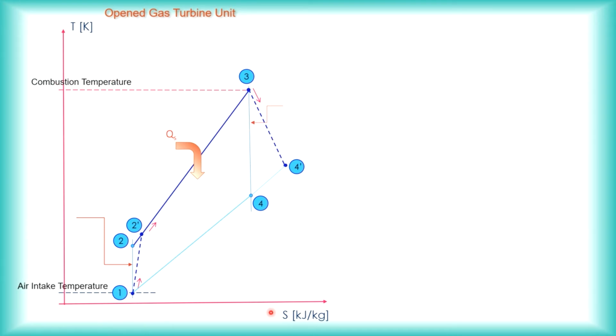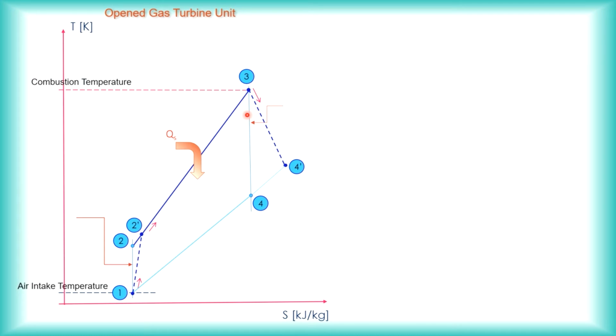This will be the TS diagram for the open gas turbine unit. This is actually a constant pressure cycle, but from this you can see it's actually open. We don't usually include this part when we draw the TS diagram. I just wanted to show you the difference with a closed cycle.